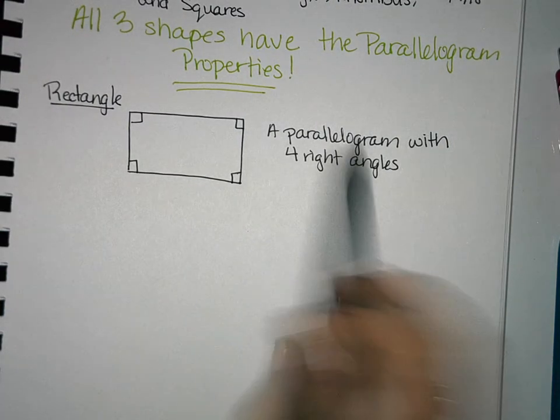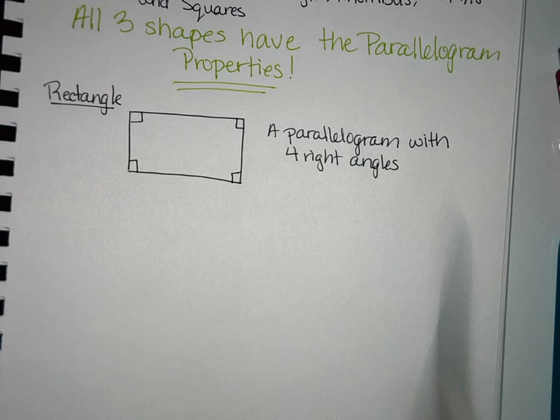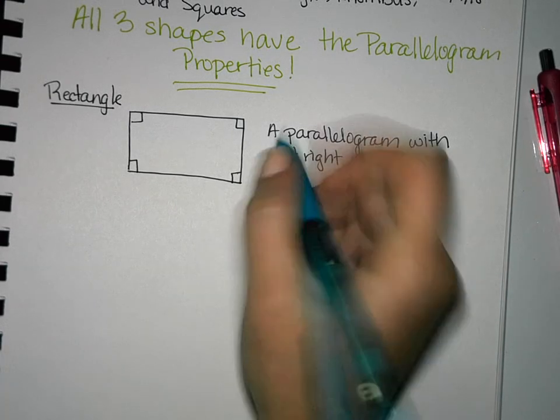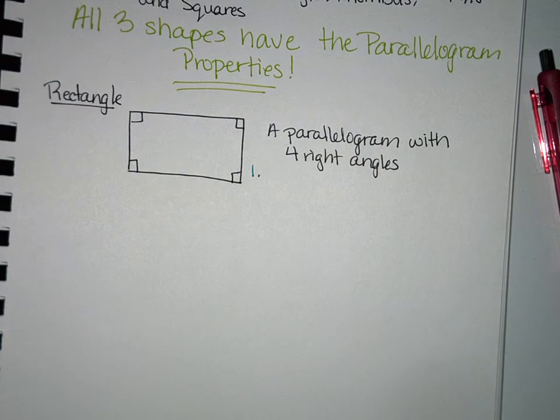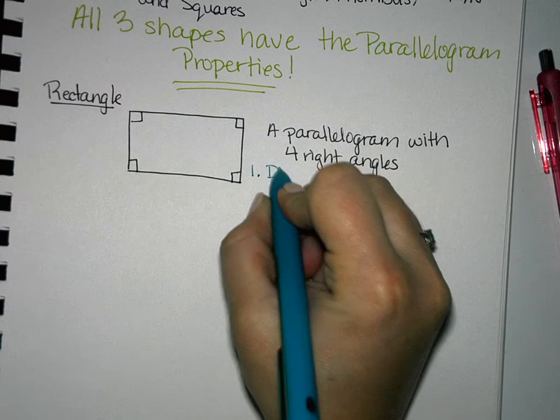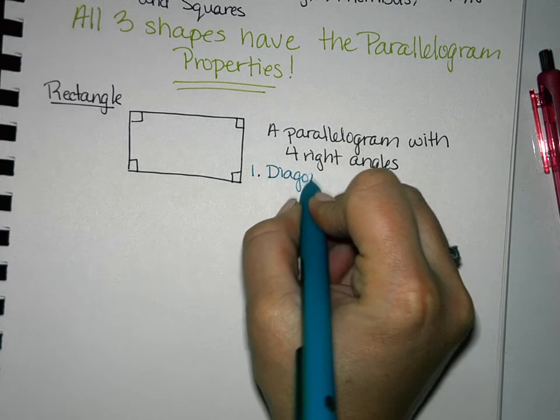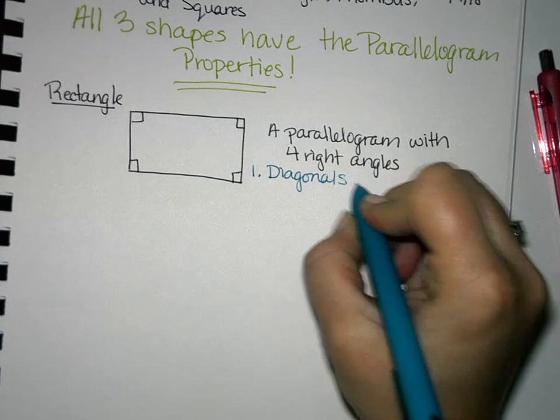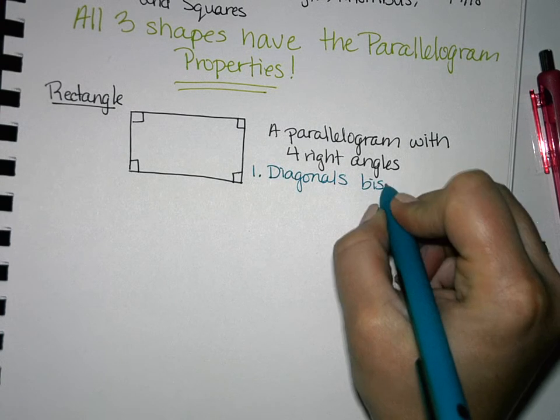Now, because it's a parallelogram, it has those four properties, but because it's a rectangle, there's one more that can get added to the list. But this one only applies to a rectangle. And it has to do with the diagonals. The diagonals bisect.